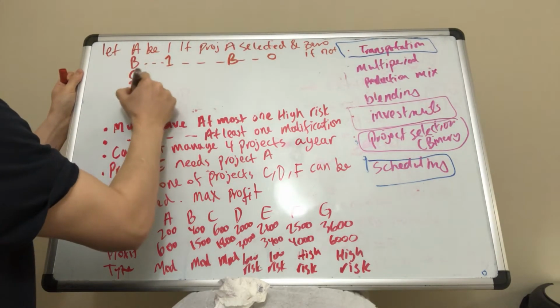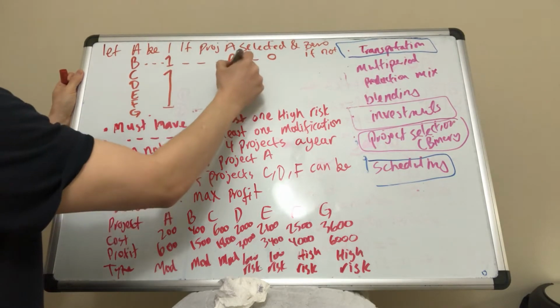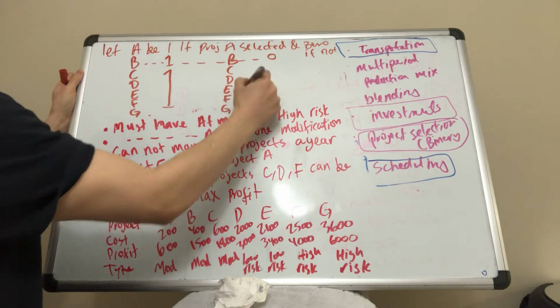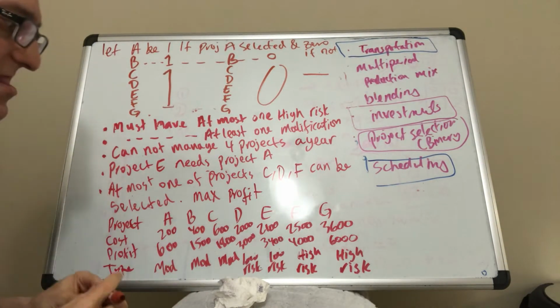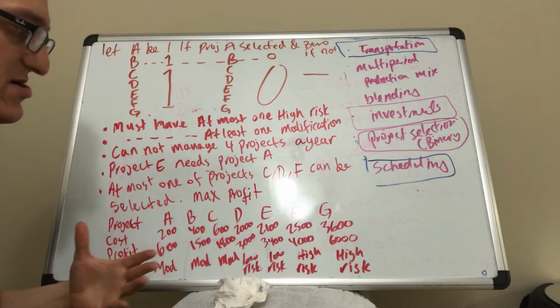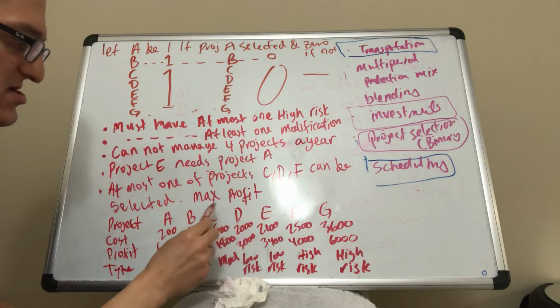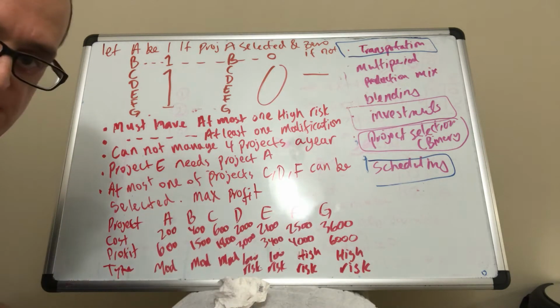Same for all of them. So all of these variables would be 1 if you selected and 0 if you don't select it. So if you say you're selecting, you end up selecting B, C, D, so this would be 1, 1, 1, 0, 0, 0, 0.